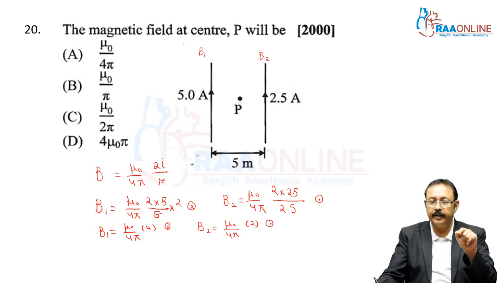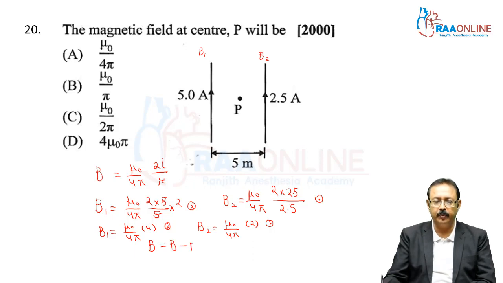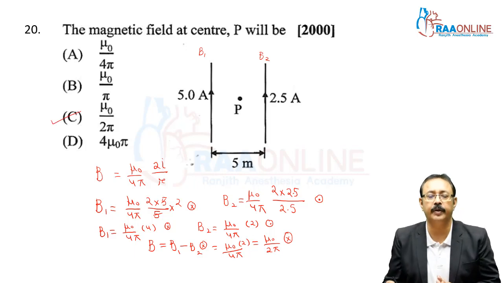Since inward is greater than outward and both are in opposite direction, the resultant is the difference of them and it will get the direction of the bigger one, B1 minus B2, and direction should be inward. So what is the difference between B1 and B2? You can calculate. Take mu naught upon 4 pi common. 4 minus 2, we will get 2. So what are we getting? Mu naught upon 2 pi in inward direction. So we are going with C. So 20th C.